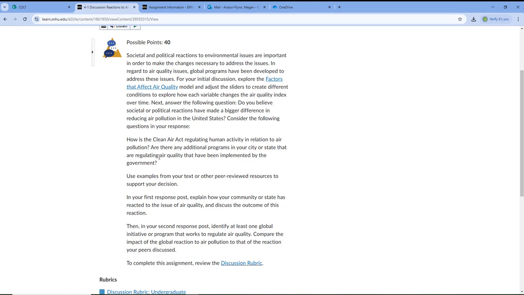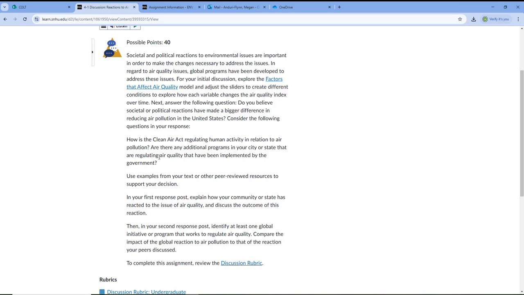Are there any additional programs in your city or state that are regulating air quality that have been implemented by the government? So, if you're from California, there's a couple of other ones. If you're in other states, there might not be any. So you can look up and see if there's anything that regulates air quality at the state level.